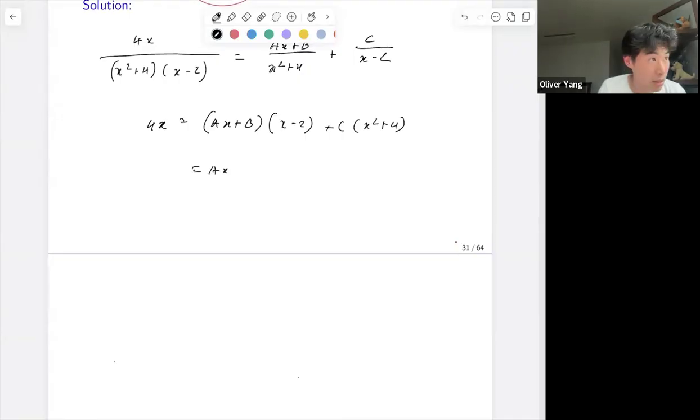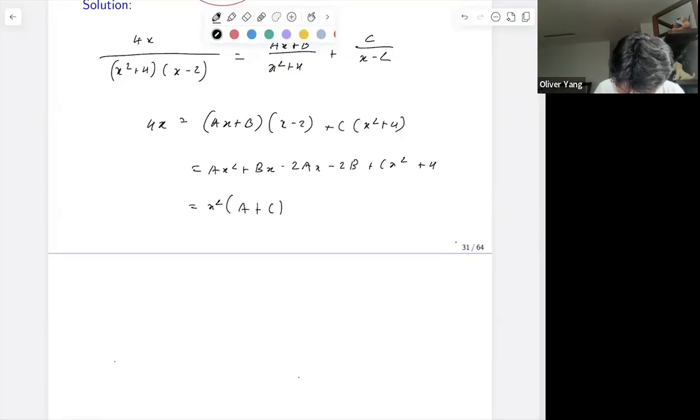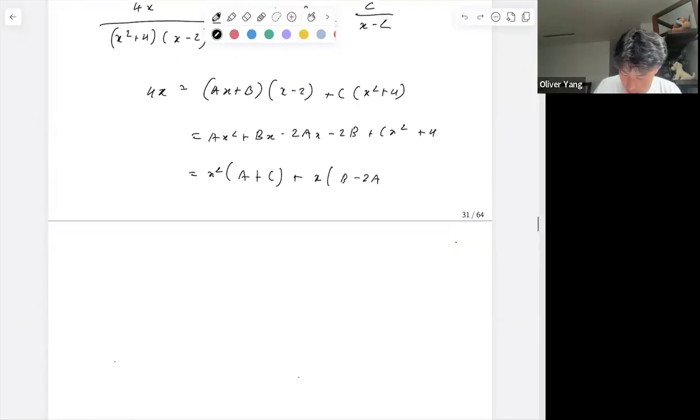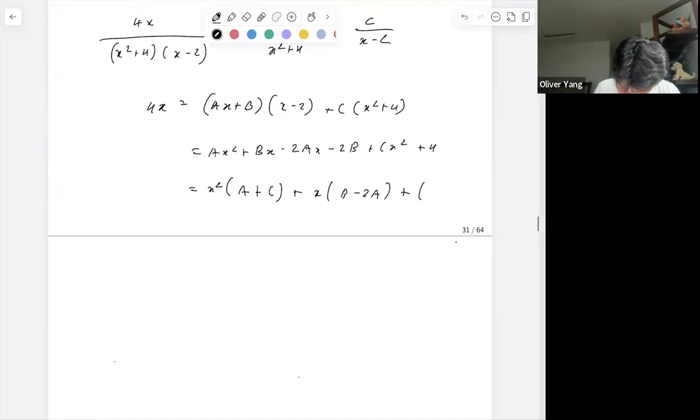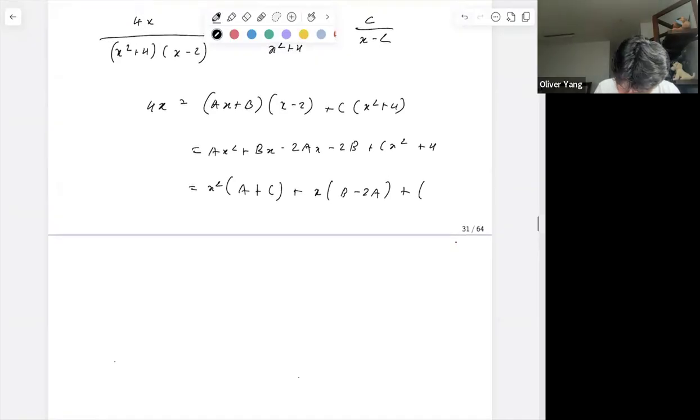So this becomes ax squared plus bx minus 2ax minus 2b plus cx squared plus 4c. So if we get all the x squared terms together, we get a plus c. If we get the x's together, we get b minus 2a, and if we get the constant terms together, we get negative 2b plus 4c.